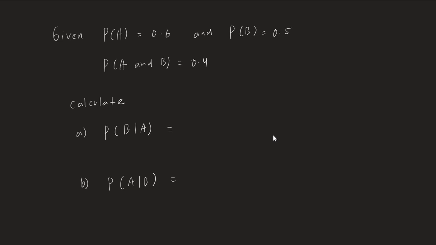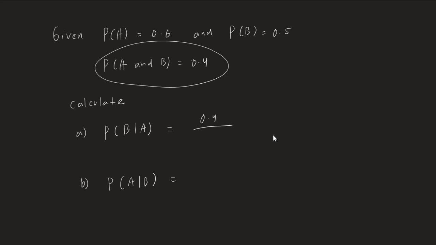So hold on, I'm going to think it through. If I look at the top problem, given probability of A is 0.6 and my probability of B is 0.5, then as soon as you get to that second line, it should make sense that probability of A and B should equal a certain number.